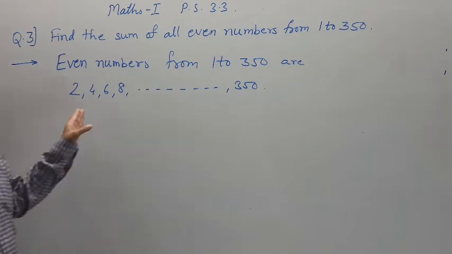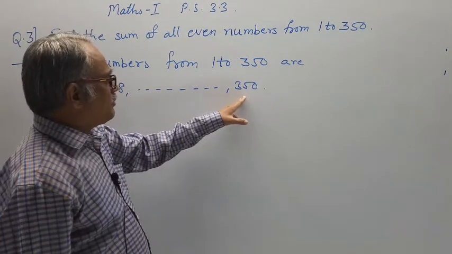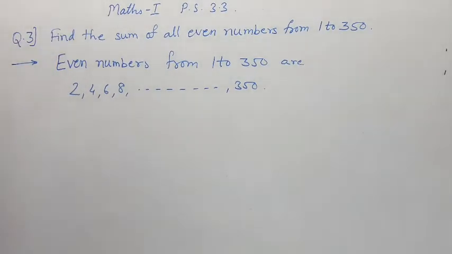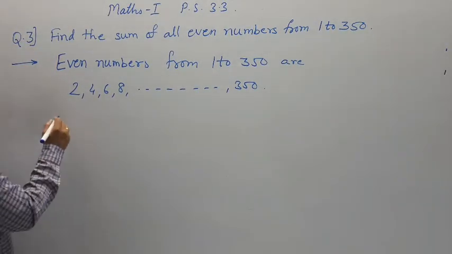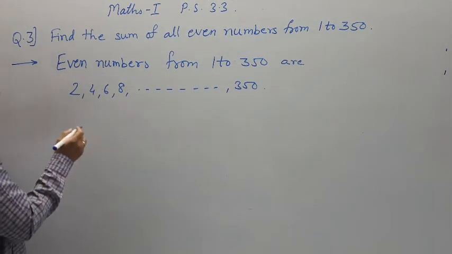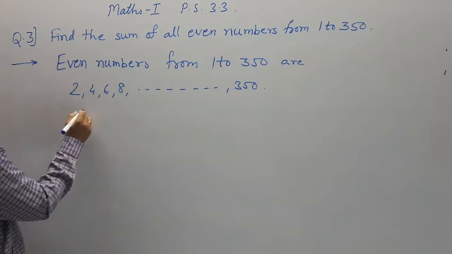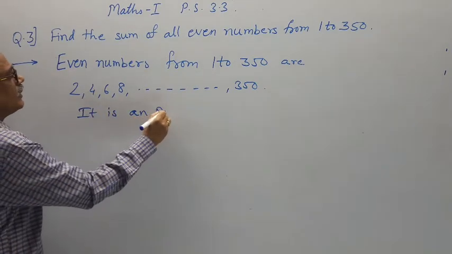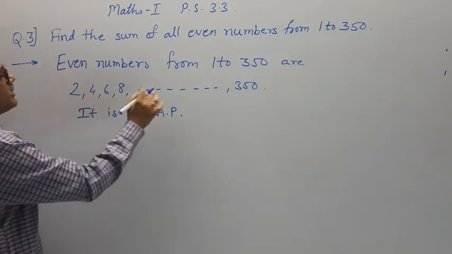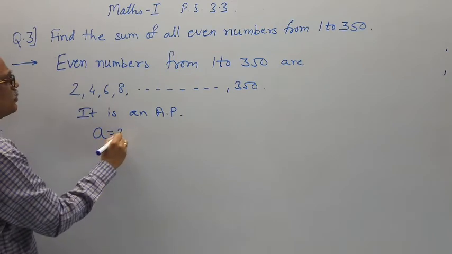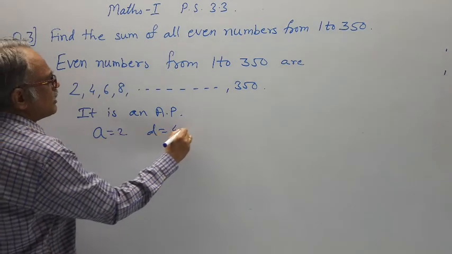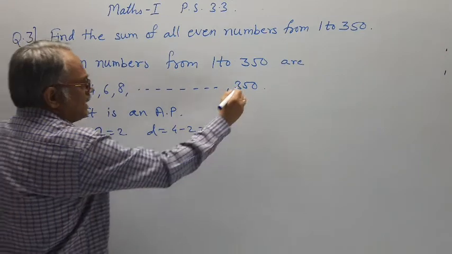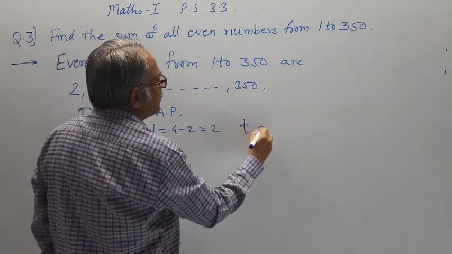Now here there is an nth term, but what n is we don't know. First we find n, and then we have to find Sn. What is given? It is an AP. After writing, we come to know that it is an AP. a is 2, d is 4 minus 2 equal to 2, and the last term Tn is 350.